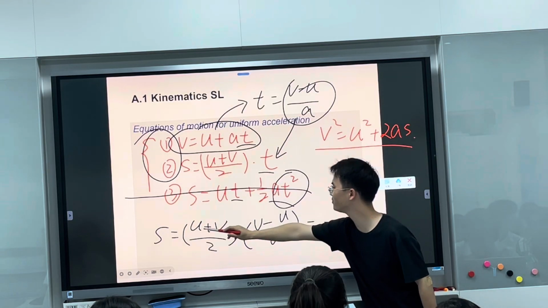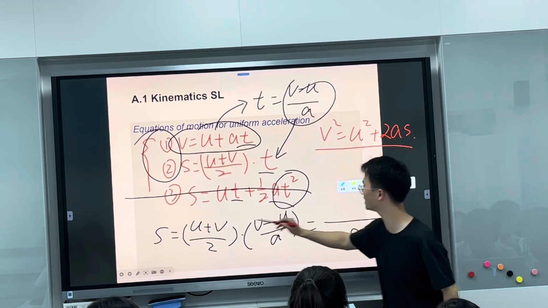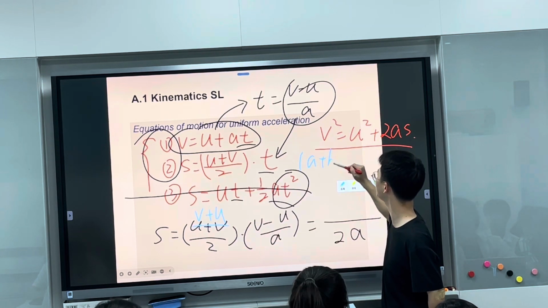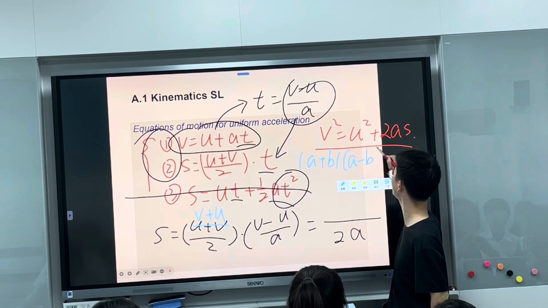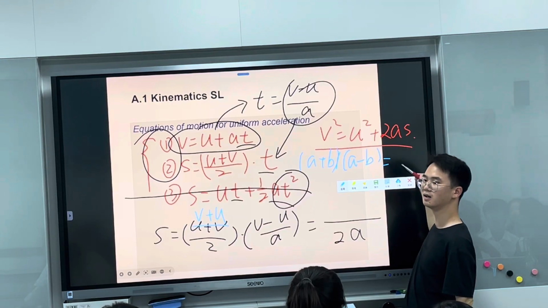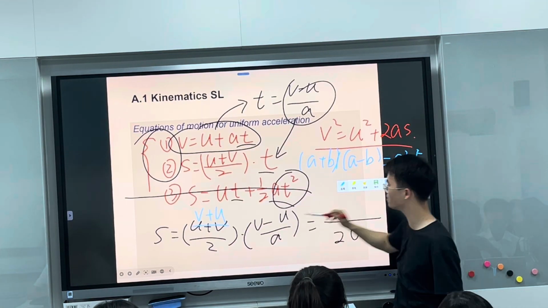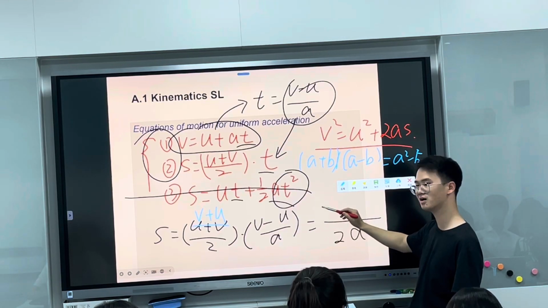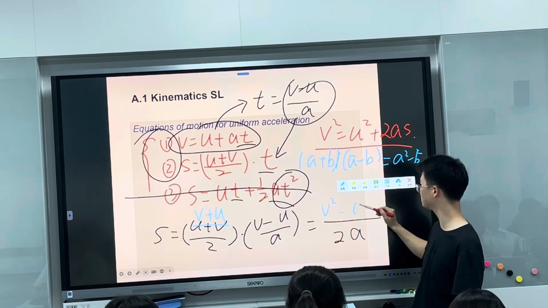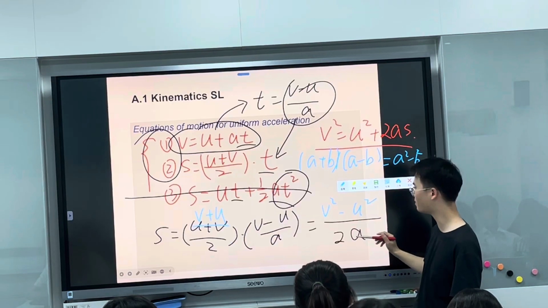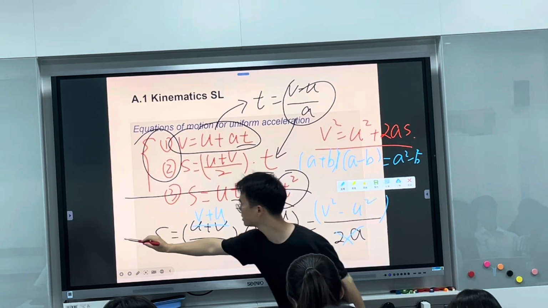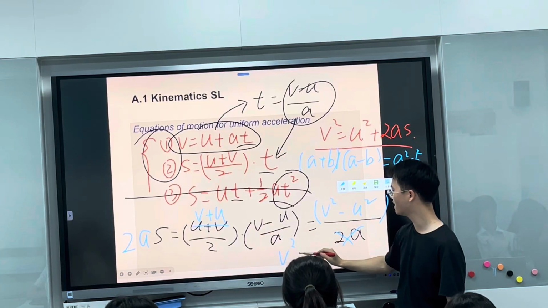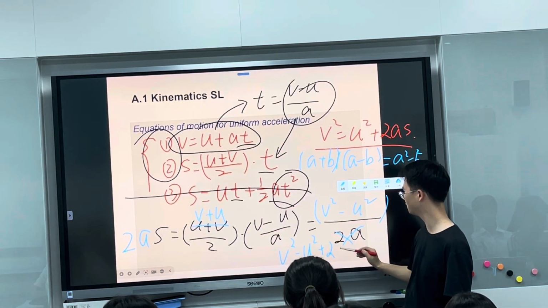Okay, so you have u plus v, which we can switch to v plus u, times v minus u. You have a plus b times a minus b. What do you get? a squared minus b squared. So you get v squared minus u squared. And then you multiply both sides by 2a. You're going to get 2as equal to v squared minus u squared. So finally you got v squared equal to u squared plus 2as.